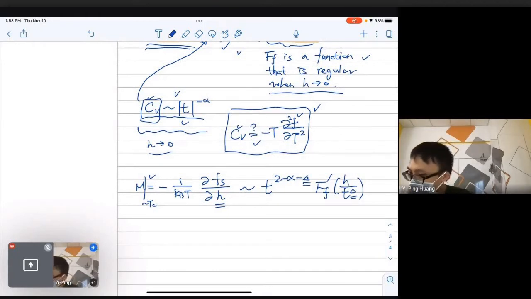Another thing is that we also know from the definition that the magnetization goes like t to the power of beta. This is the definition of the critical exponent beta.